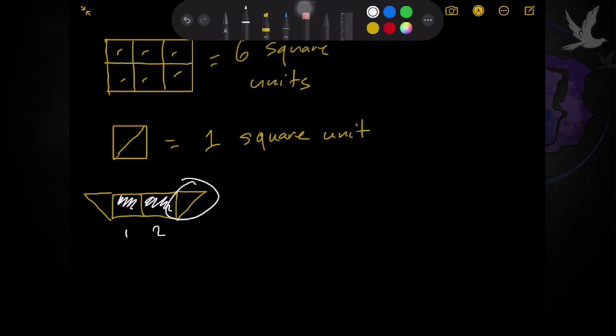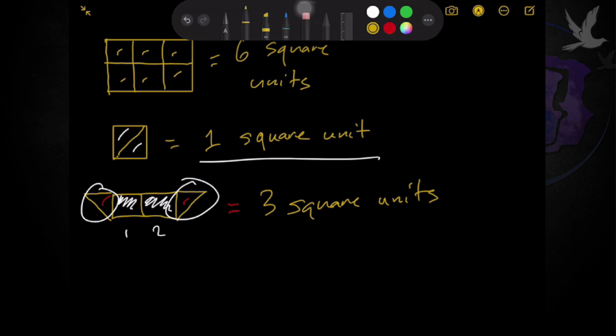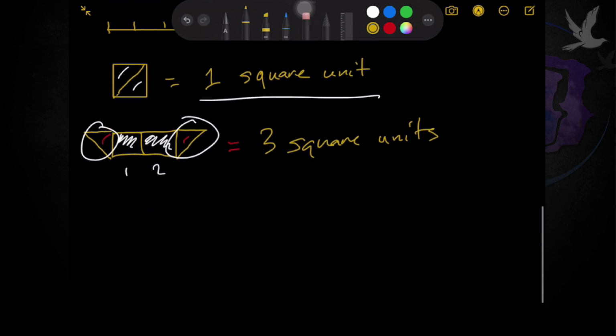And you have 2 triangles here that if you're going to put them together, they will form 1 square unit, just like this one. 1, 2. 2 triangles, in this case, right-angled triangles, form 1 square unit. So, ibig sabihin, since these 2 can make 1 square unit, so we have a total of 3 square units for this figure. Okay? So, ganun lang yan.